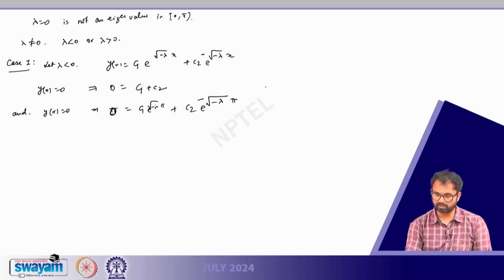So, basically I am getting C1 plus C2 equals 0 and C1 e to the power of minus square root of minus lambda pi plus C2 e to the power of square root of minus lambda pi equals 0.